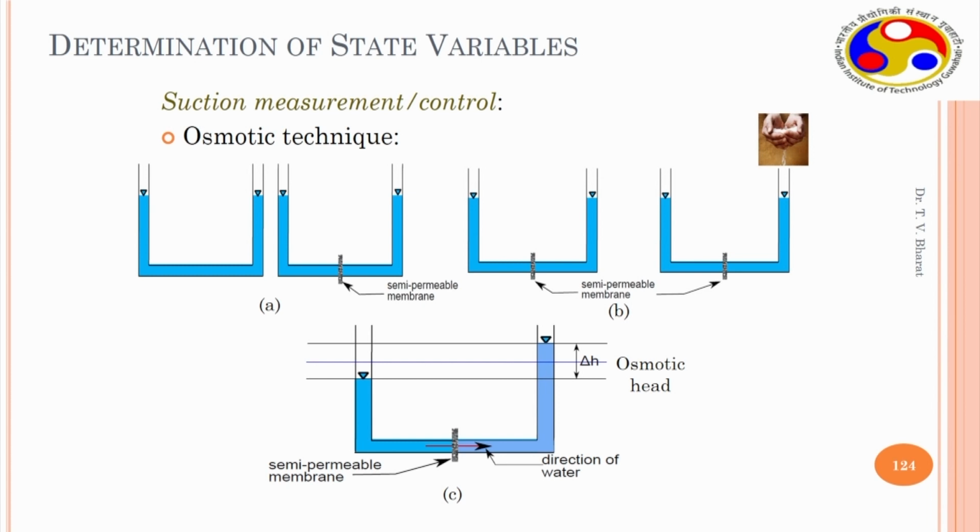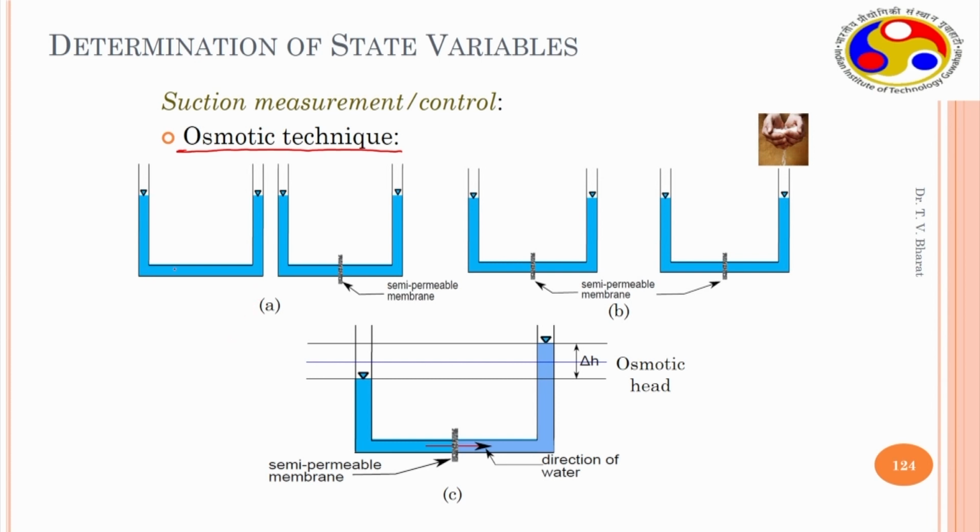So this is another technique used for establishing the soil water characteristic curve in the laboratory, called the osmotic technique, which is based on osmosis. Let us recapitulate what exactly osmosis is.